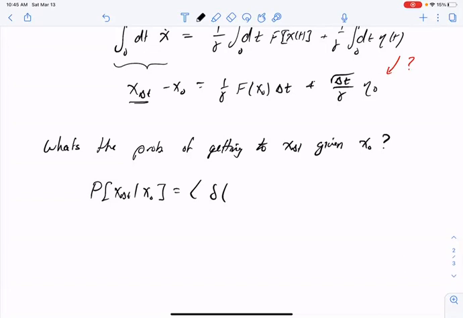A way to enforce that is to say that this equation is true, that x of delta t is equal to x naught minus f naught delta t over gamma minus delta t over gamma eta naught.